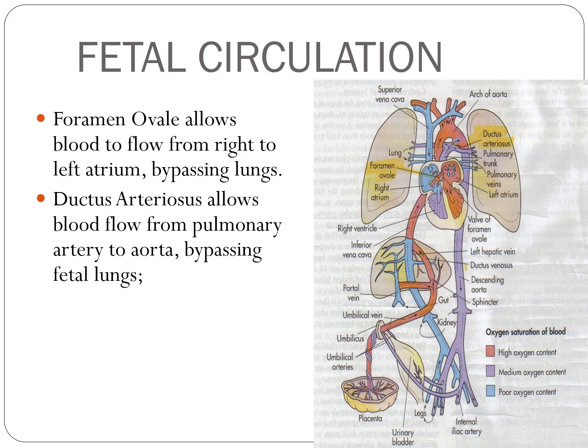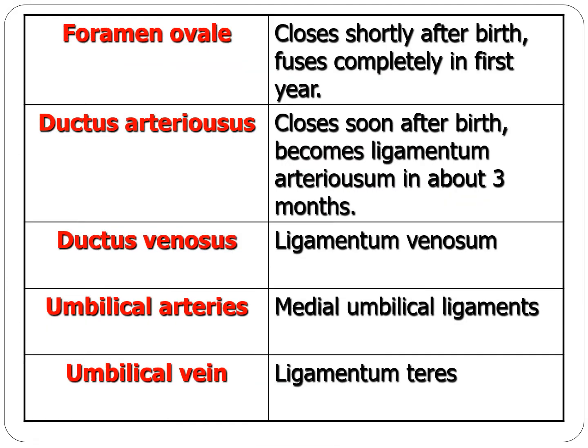The foramen ovale allows the blood flow from the right to the left atrium bypassing the lungs. The ductus arteriosus allows the blood flow from the pulmonary artery to the aorta bypassing the fetal lungs. So as mentioned, the foramen ovale closes shortly after birth, fuses completely in 1 year. Ductus arteriosus closes after birth, becomes a ligament.